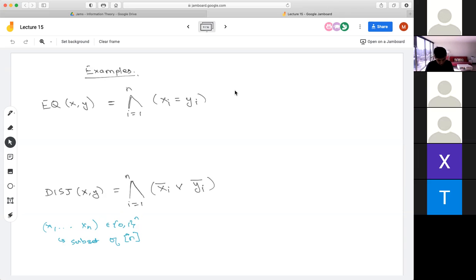And the function is really saying that x and y together form disjoint subsets. So for every position i, the ith element is either not present in x or not present in y. It can't be present in both of them, because then it would form an intersection and you would not have disjoint subsets.